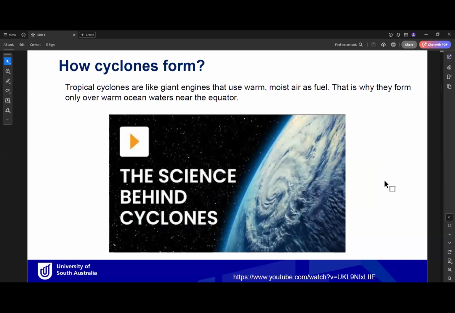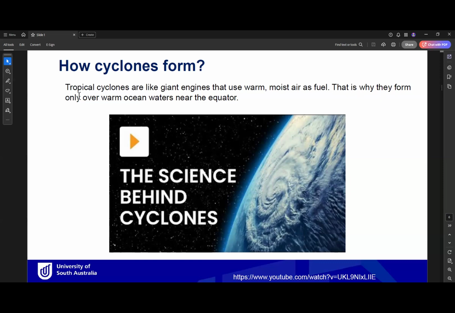Now, due to wind, we sometimes have cyclones. Cyclones are very extreme wind events that we need to consider because in Australia, some of the areas are subjected to cyclones or cyclonic events. Cyclonic or tropical events are like giant engines that use warm, moist air as fuel.